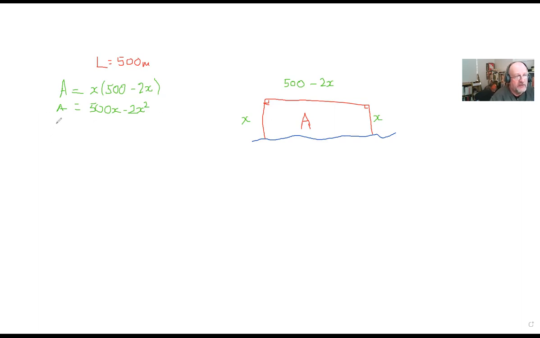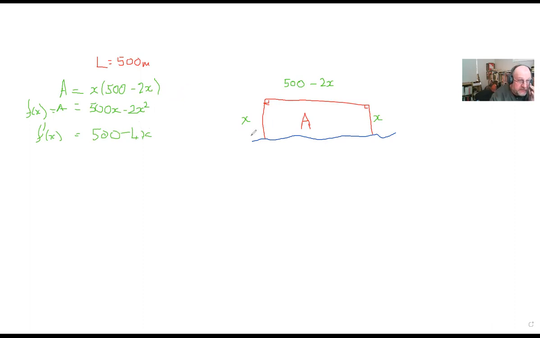So now what we do is, if f of x equals the area, we take the derivative of that, which equals 500 minus 4x. Now we have a derivative.